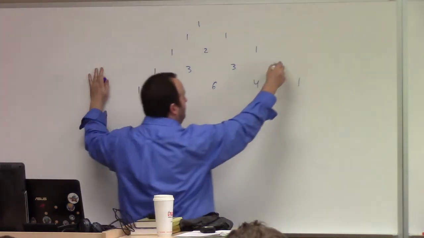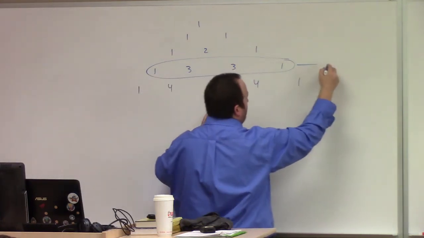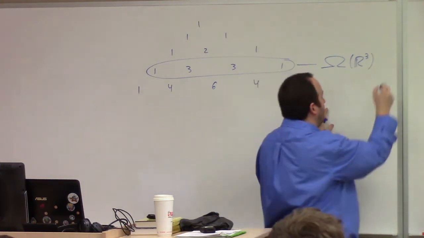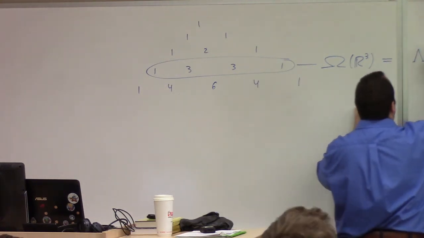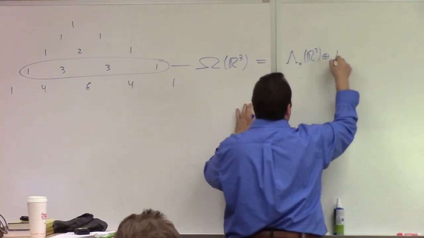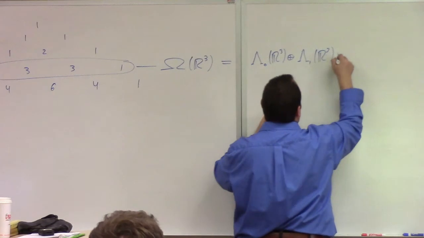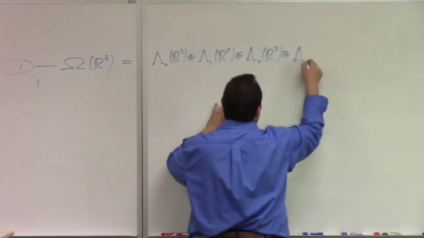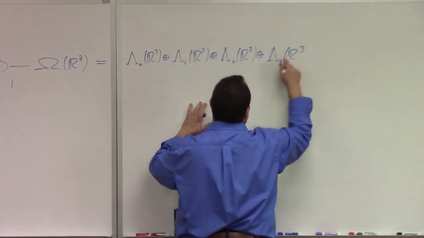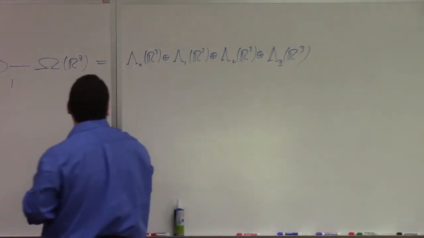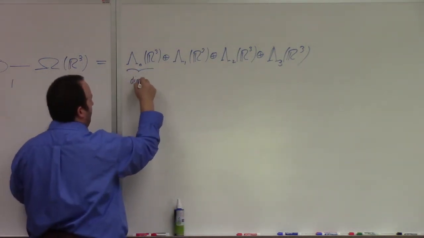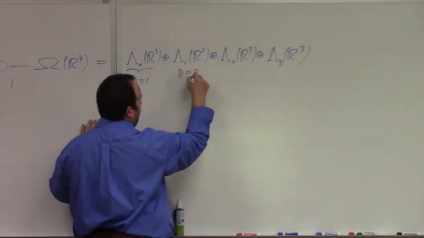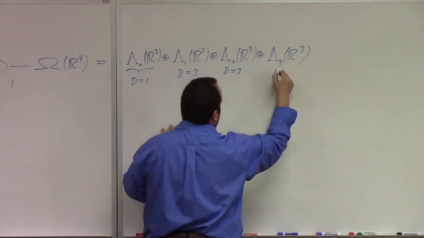So if we extrapolate what this means in terms of the exterior algebra on R3, well, the exterior algebra on R3 is equal to 0 forms, direct sum 1 forms, direct sum 2 forms, direct sum 3 forms. And it just so happens that this has dimension, let's say d equals 1. This has d equals 3 dimensions. This is a 3-dimensional vector space. This is a 1-dimensional vector space.